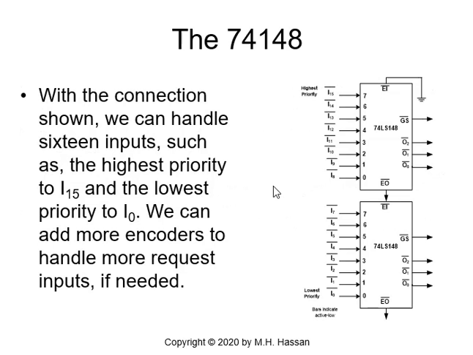So you can see with the connection, we can handle 16 inputs, from I0. Those are active low, so they are active when they are zeros. And the outputs correspondingly will be complemented. Okay. So we have these outputs. This will allow us to, as you see, the enable input has to be grounded for this to be active.